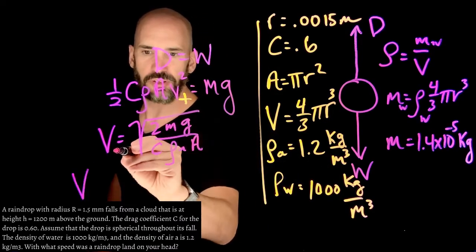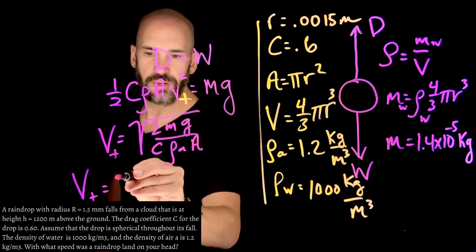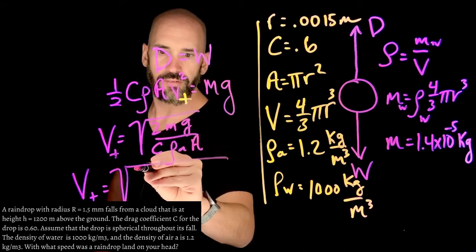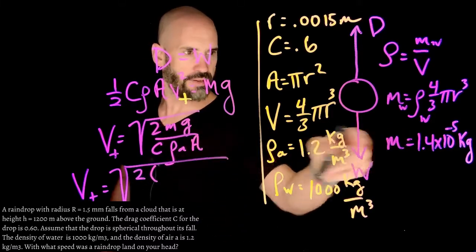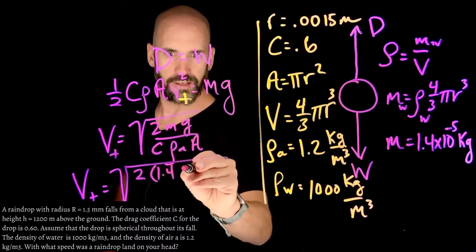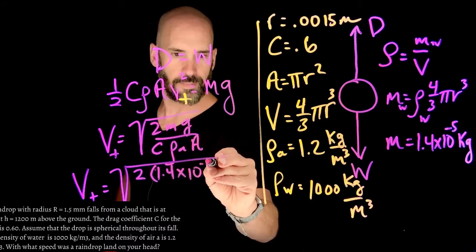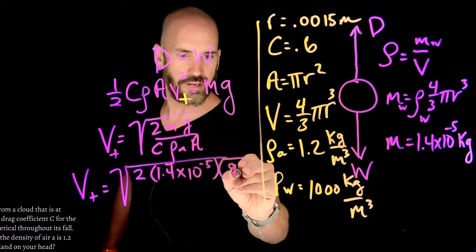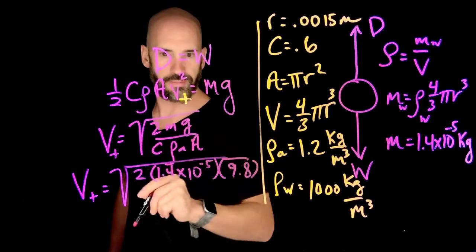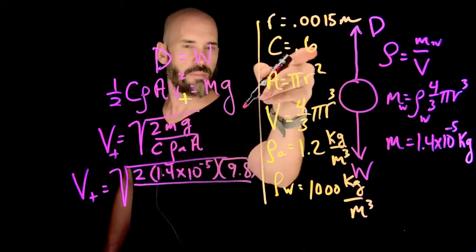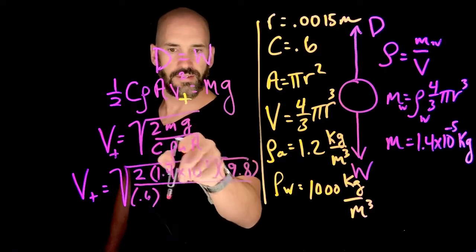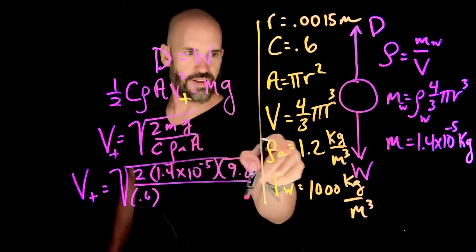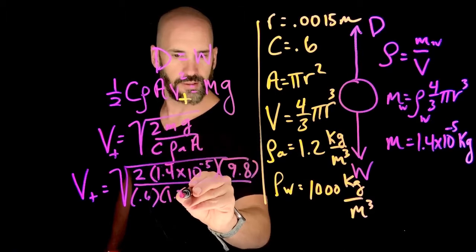So my terminal velocity is just going to be the square root of 2 times my mass over here, which is 1.4 times 10 to the minus 5, times 9.8 meters per second squared, that's G, divided by my coefficient of drag, 0.6, times the density of air, which is 1.2, times the area.